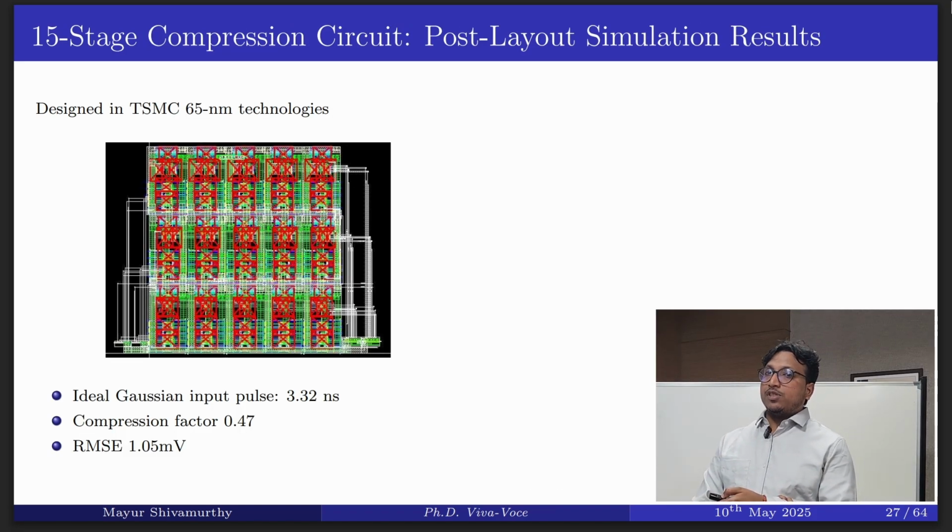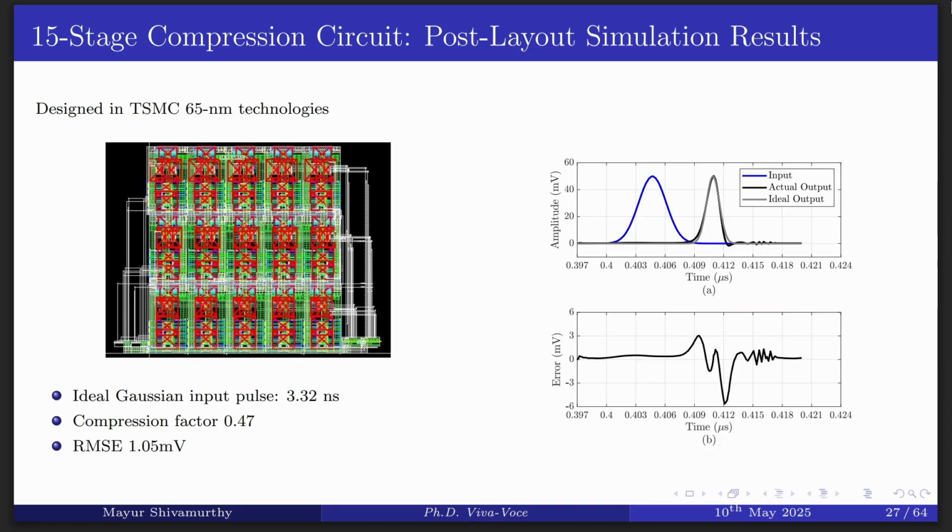Similarly, with the same principle, we have designed a 15-stage compression, and in order to validate this, an ideal Gaussian pulse of 3.32 nanosecond was applied as a test input, and we obtained a compression factor of 0.47, and the error between the actual and the ideal compressed pulse was around 1.05 millivolts within the region of half power pulse width.